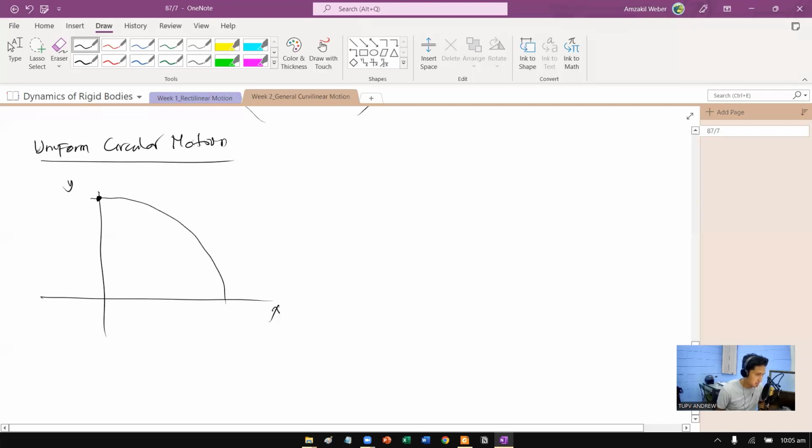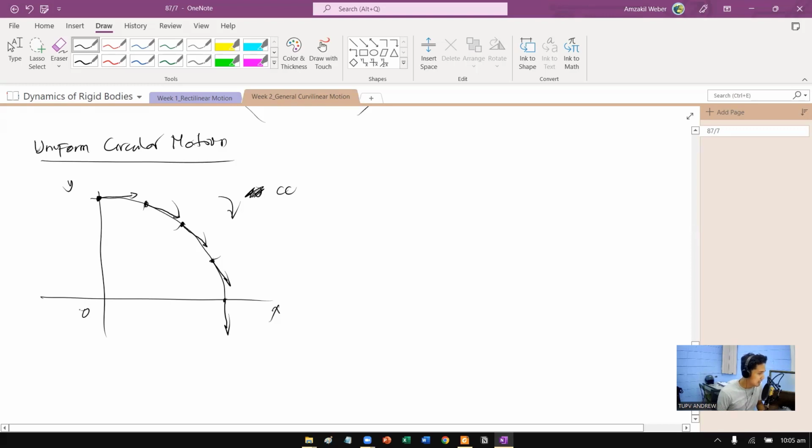Our object starts from the top, then rotates in a clockwise direction with constant magnitude because it is uniform. So this is a uniform circular motion wherein our object is rotating in a circular path with a constant magnitude.